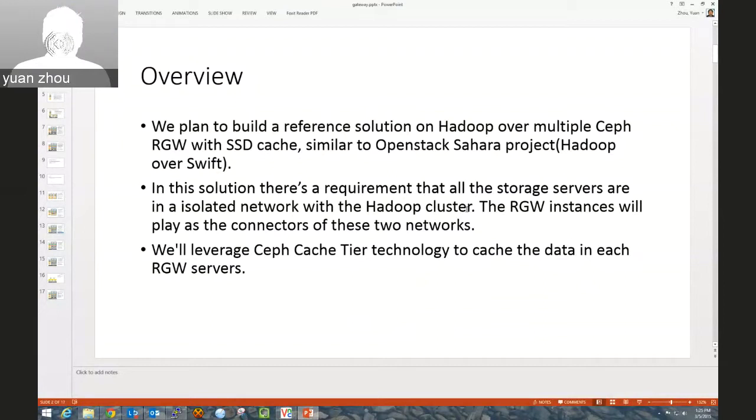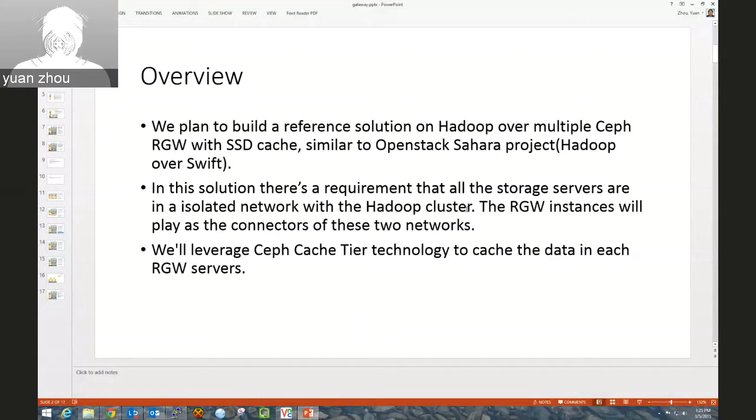Okay. So there's a special requirement in this solution that all the storage servers are actually in an isolated network with the Hadoop cluster. That actually prevents us from using the Hadoop plus Ceph RGW plugin, which requires the Ceph cluster and the Hadoop cluster to sit in the same network.